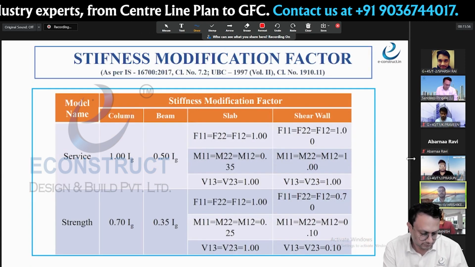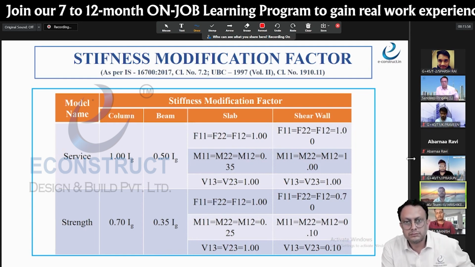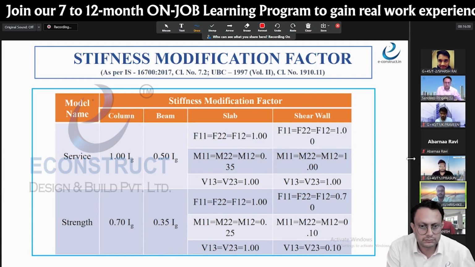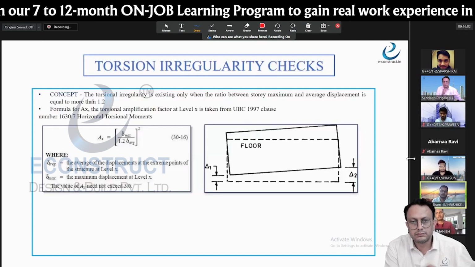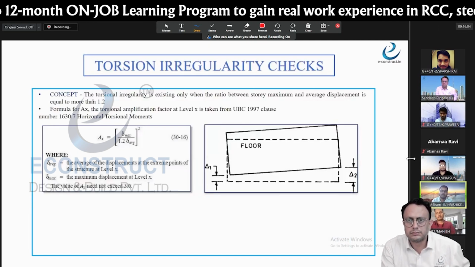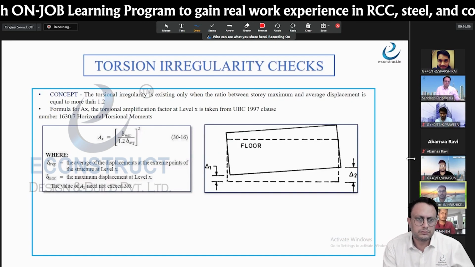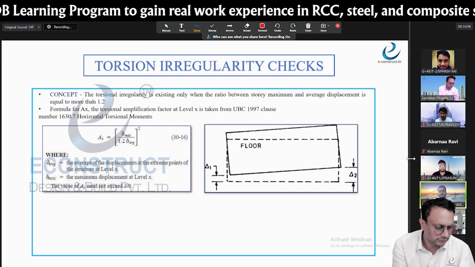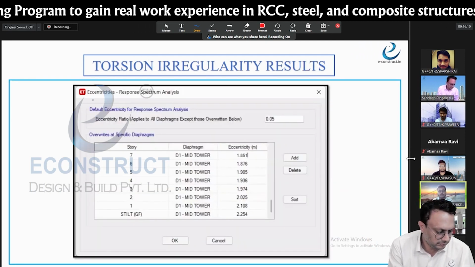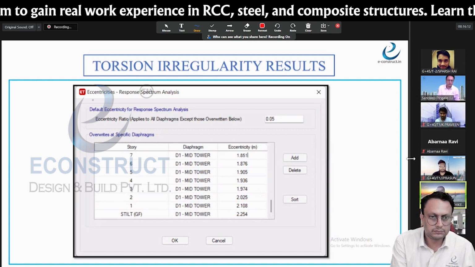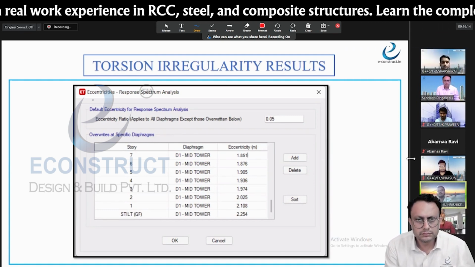Those are the stiffness modification factors according to service and some models we have applied. And torsional irregularity checks according to the IS 1893.